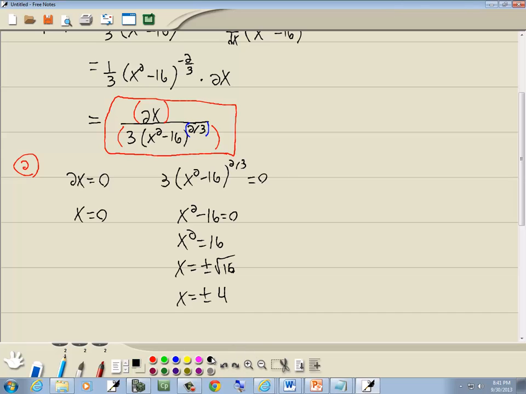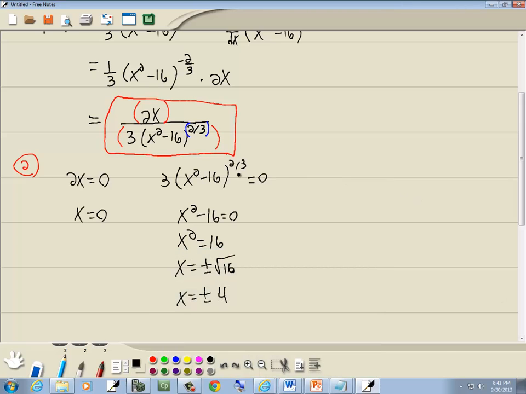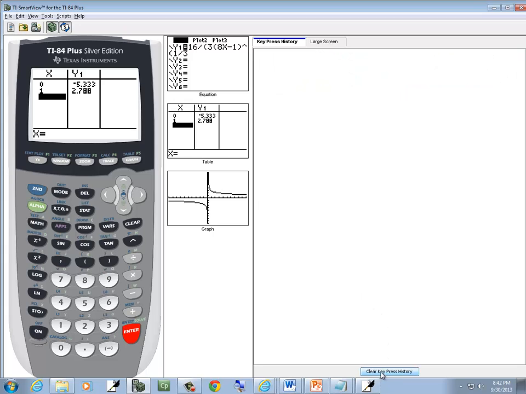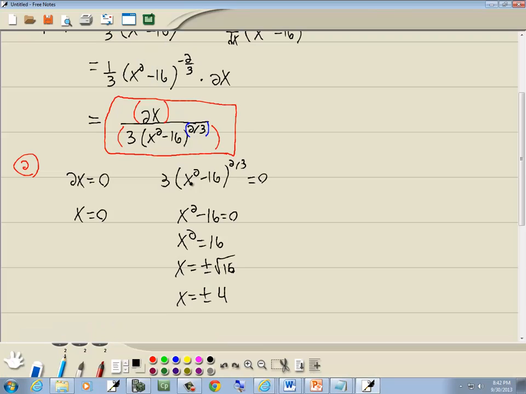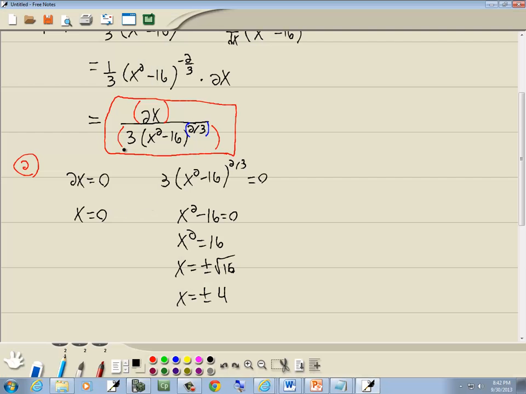Let's go ahead and plug this in our calculator. Okay, so I'm going to go to my y equals, clear. Now work with my top part. So I want beginning parentheses 2x, closing parentheses, divided by parentheses around the bottom. That's my beginning parentheses right there.